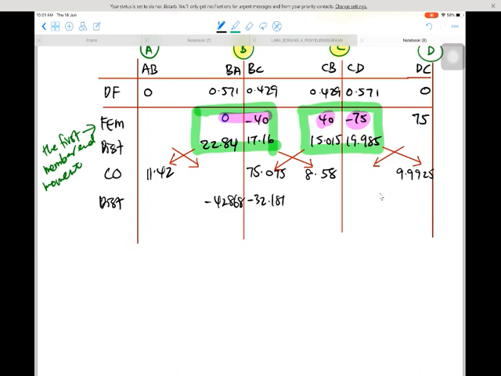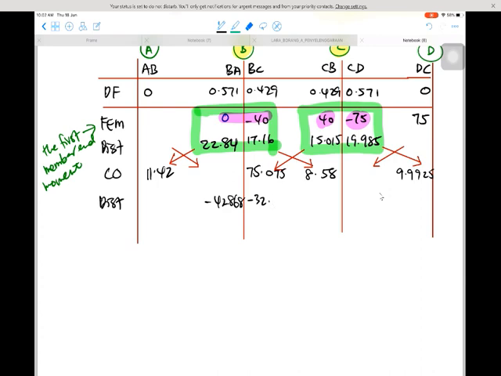Okay, and this is negative 32.181. Okay, 75.075 times 0.429. It is 32. Okay, sorry, I put the wrong number just now.